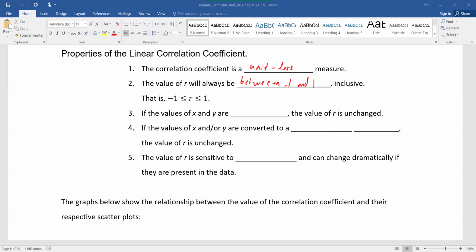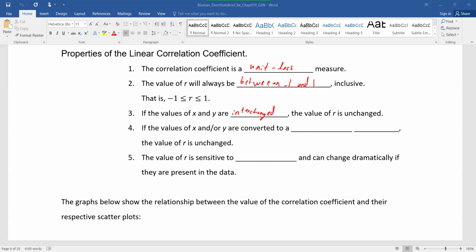If the values of X and Y are interchanged, the value of R is unchanged. So it'll still determine if there's a correlation regardless.